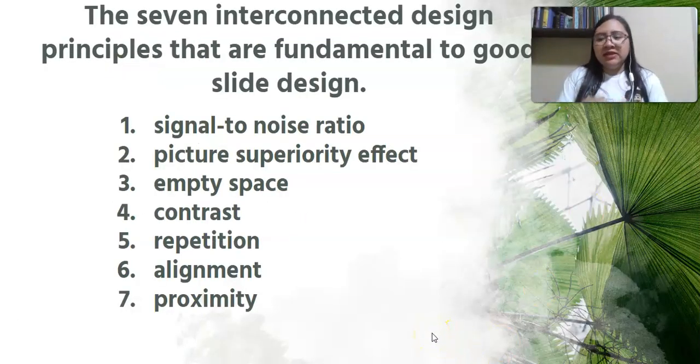The 7 interconnected design principles that are fundamental to good slide design. Here we have 7 tips or steps that you can follow: signal to noise ratio, picture superiority effect, empty space, contrast, repetition, alignment, and proximity.